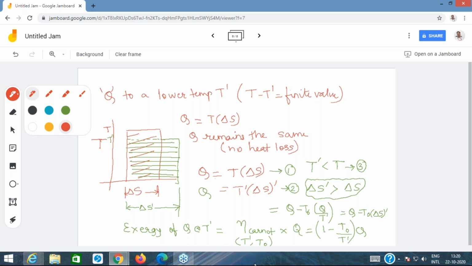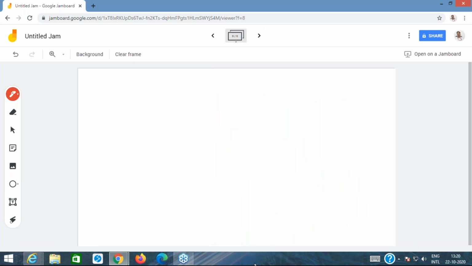The exergy of heat when it is available at T is Q minus T naught delta S. And when this heat is transferred through a finite temperature difference and reaches a temperature T dash, that exergy value is Q minus T naught delta S dash.